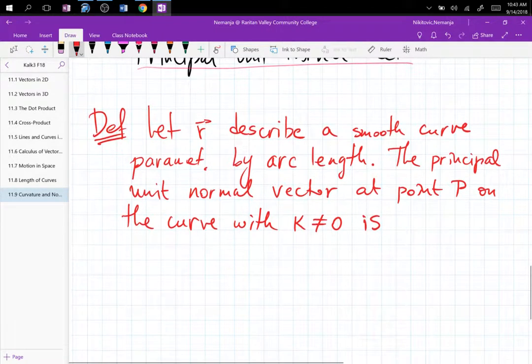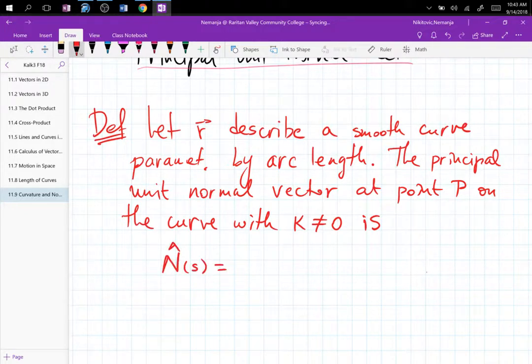Is n hat of s equal to dT/ds divided by the magnitude of dT/ds, right?